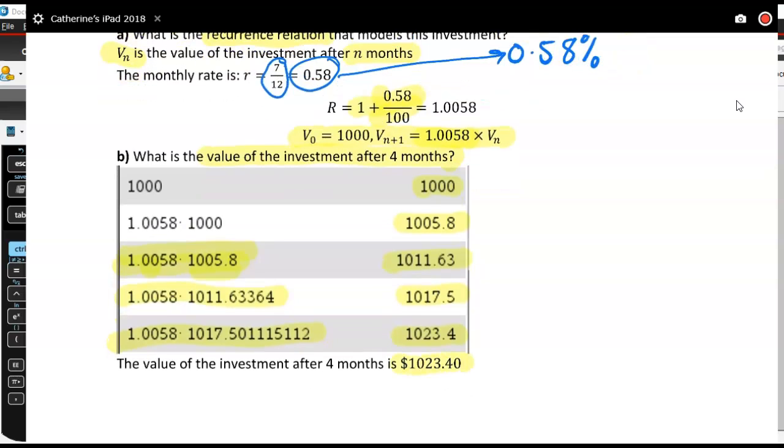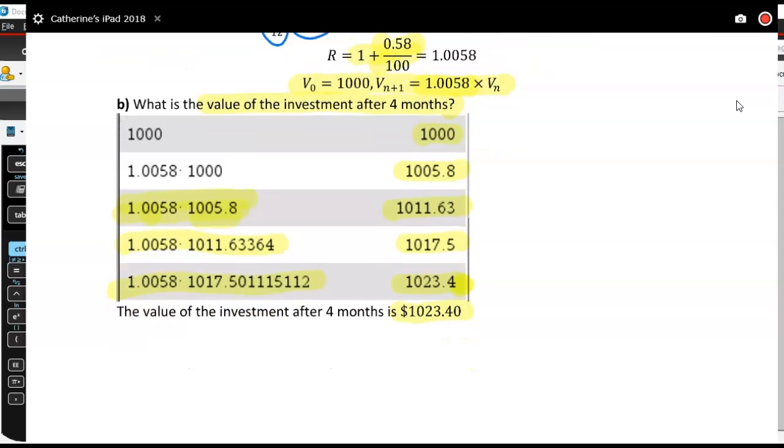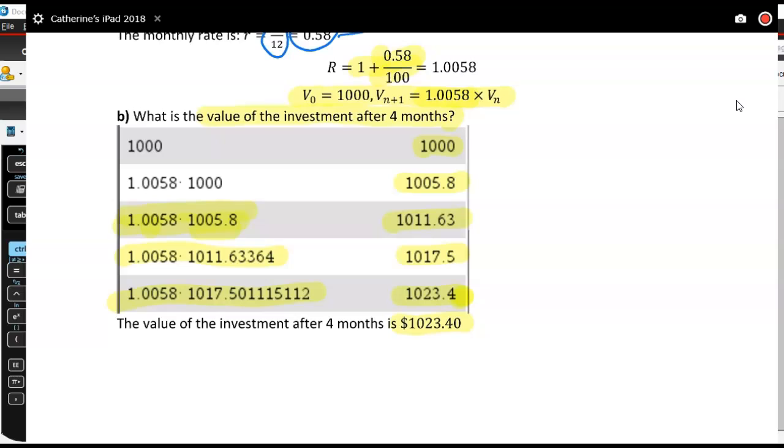Okay, so the value of the investment after 4 months is $1,023.40. Now, when I did this, I double checked that it rounded to close to 40. Please don't ever write money with just 1 decimal place. It's always to 2 decimal places, and we're always checking our rounding. We're always checking that our calculator's giving us our most precise value.